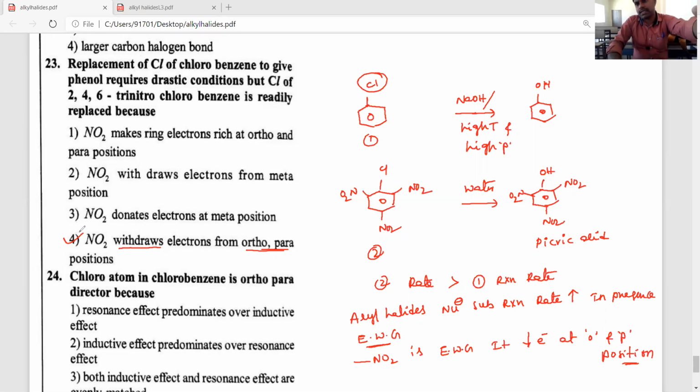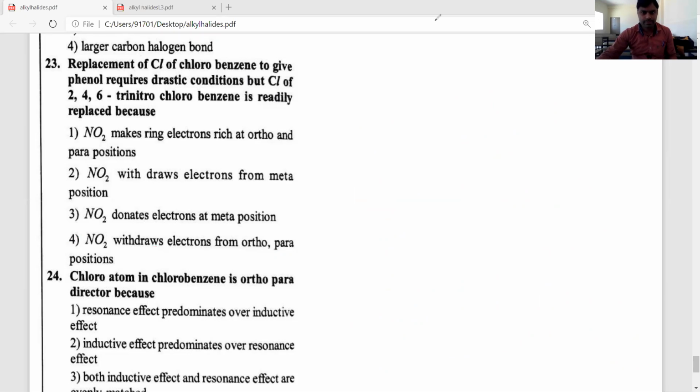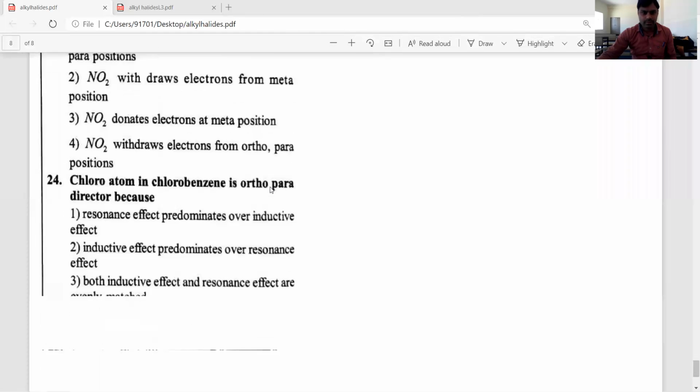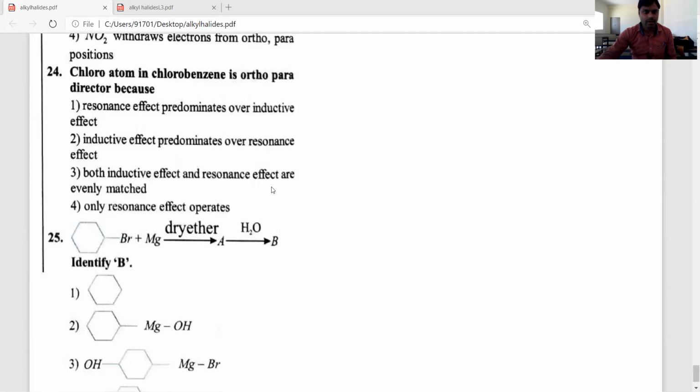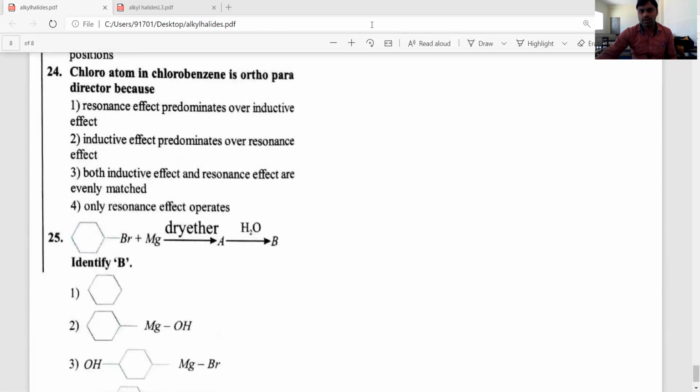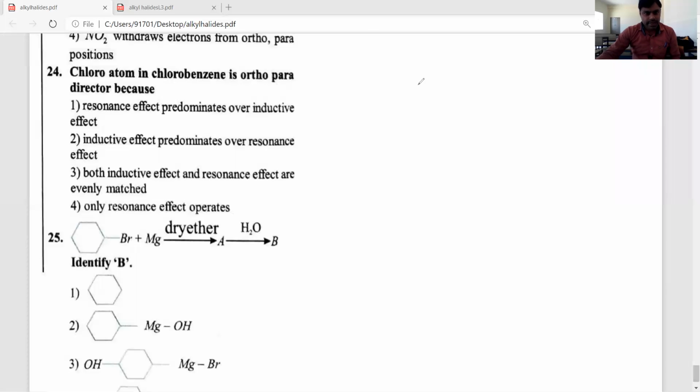Let's see the next question. Okay, 24th question. The chloro atom in chlorobenzene is an ortho and para directing group. Why?